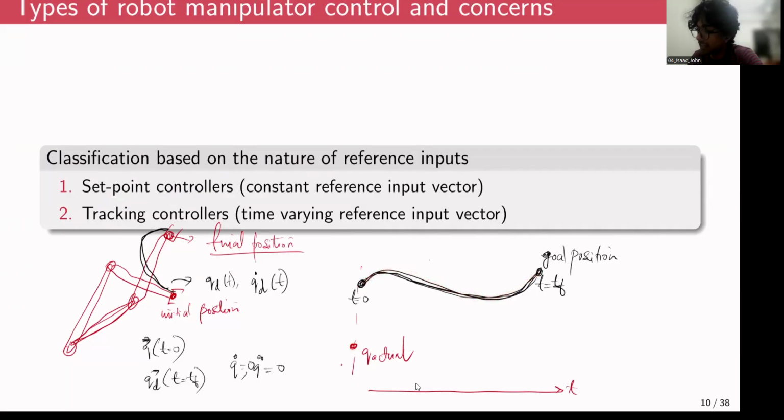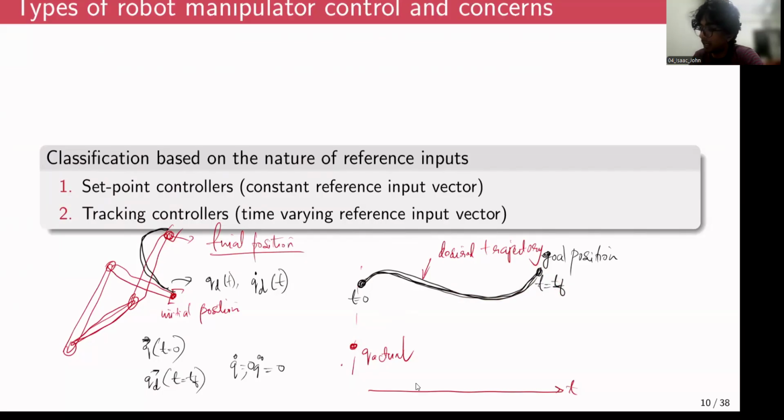So in tracking control, as the time evolves, the robot's end effector should gradually converge to the desired trajectory, and finally it should end at the final position.